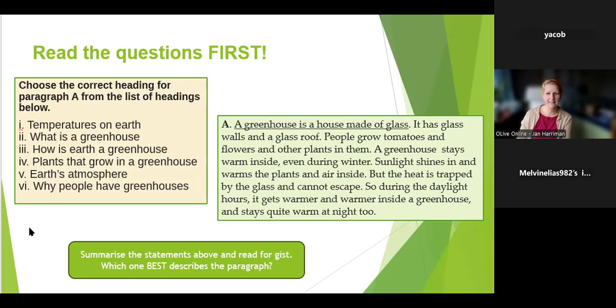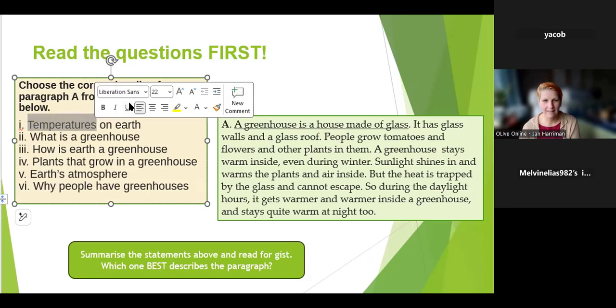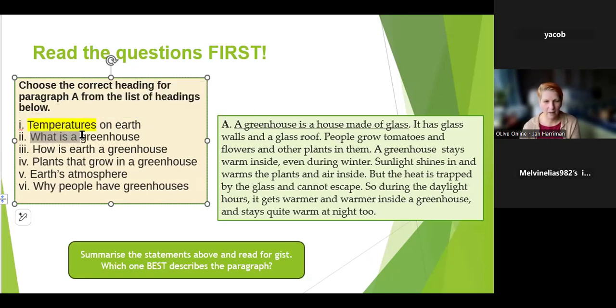Which of these tells you which is the correct heading for this? So, a quick scan of the headings. Is it about temperatures? Is it about what a greenhouse is?